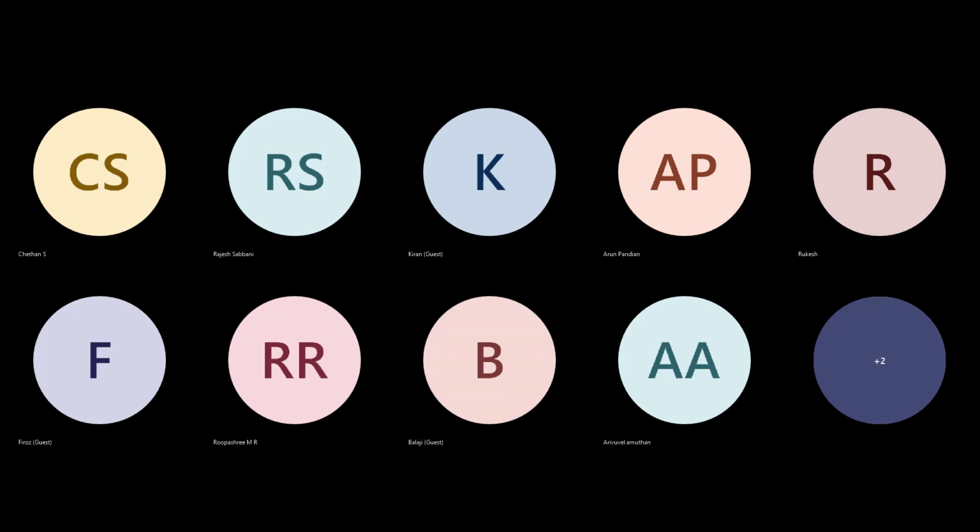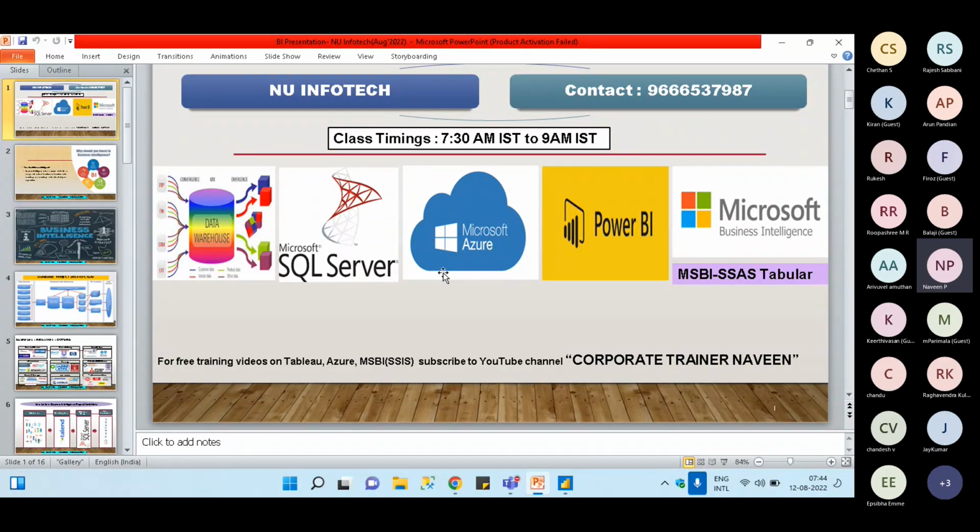Training is mainly concentrating on the business intelligence side. That is the main skill which we are going to learn, which is Power BI. Power BI is a business intelligence tool where, using the data, we can create reports.